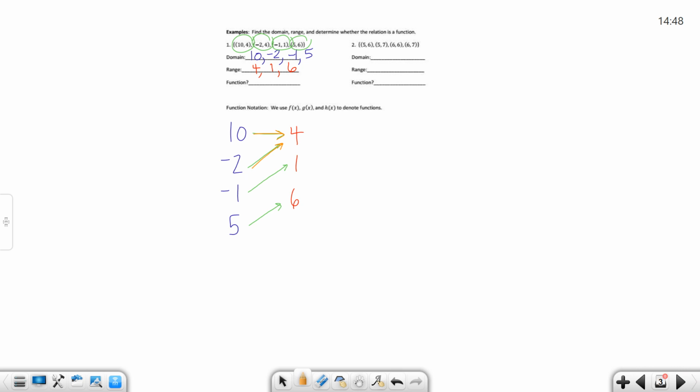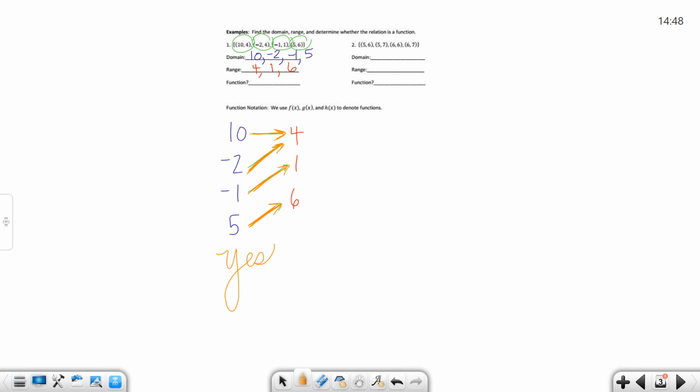Well, I'm not worried about the 4. I'm only worried about the x values. So each x value goes to exactly one number. So this is a function.